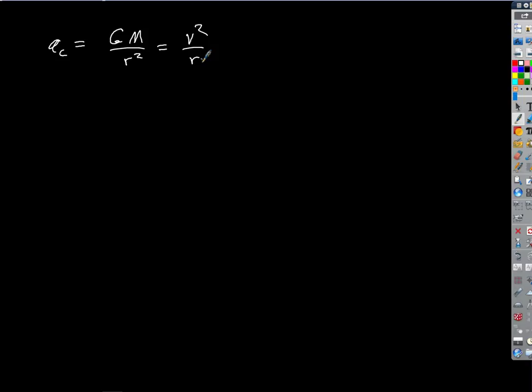So we could then, if we wanted to solve for v, that's no big deal here, right? We could multiply each side by r and take a square root, and then I could cancel one of those. And I'd end up with v squared equals GM over r. And so if I square root both sides, we do come up with a little formula, right?